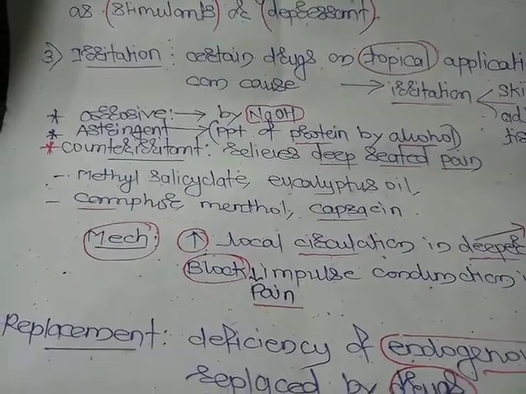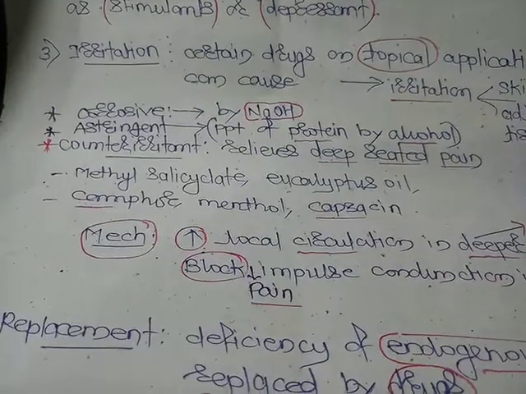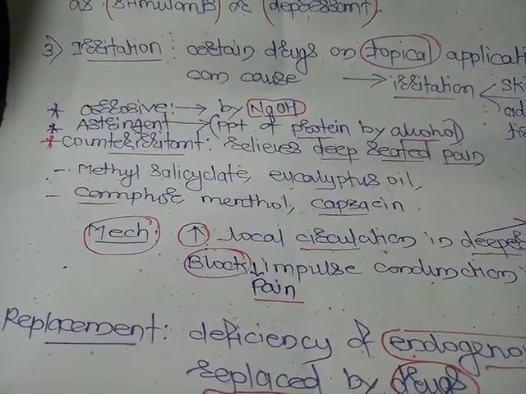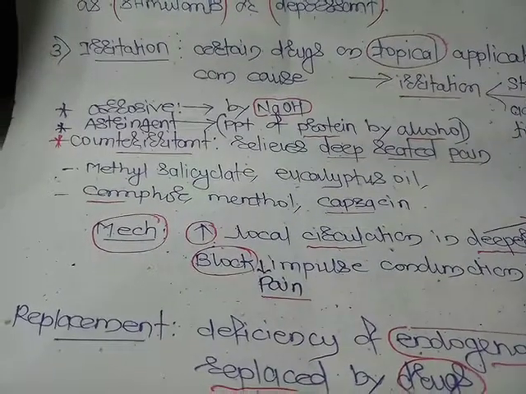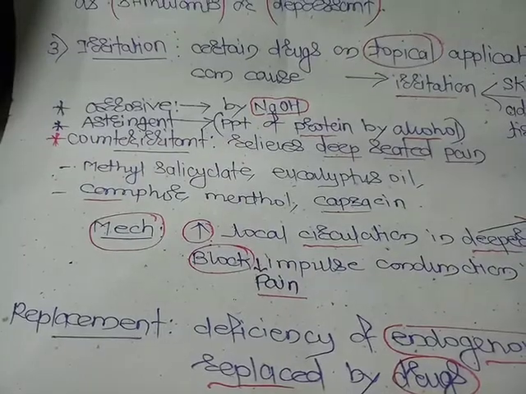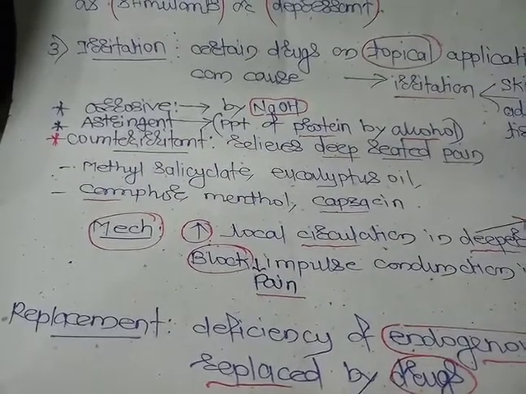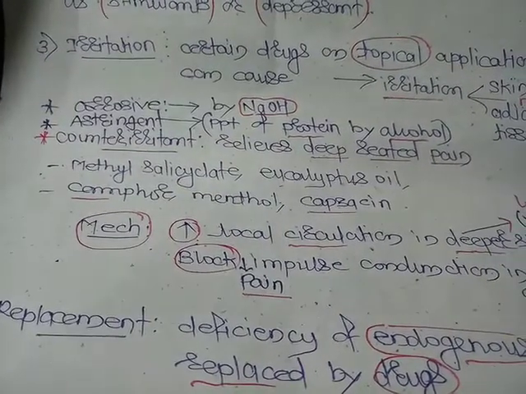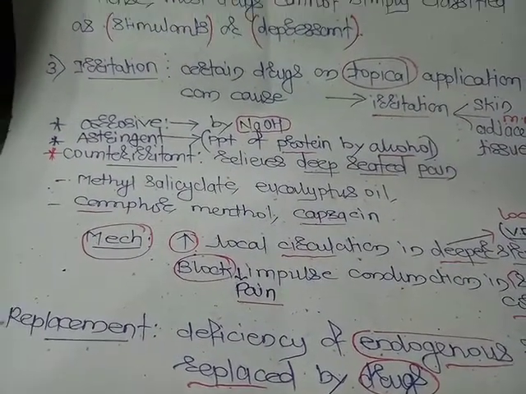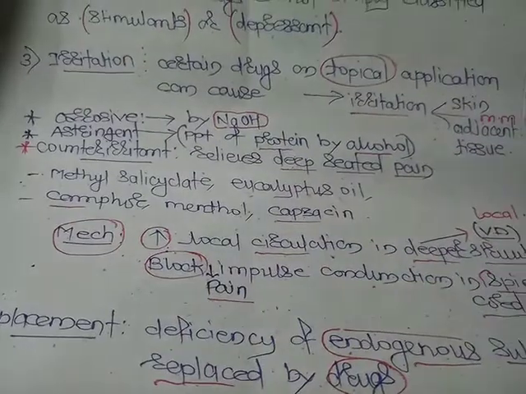And we have various counter irritants like methyl salicylate, eucalyptus oil, camphor, menthol, and capsaicin. These are the active ingredients which act as counter irritants and relieve deep seated pain.